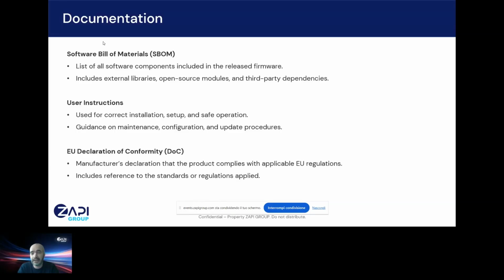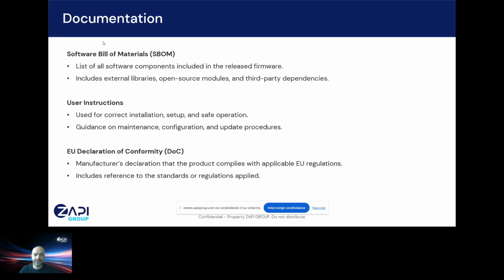The external libraries in particular are so important because they allow the user to verify if there are some vulnerabilities in the software due to the external libraries. And it is also particularly useful for the manufacturer because it helps with the vulnerability monitoring.